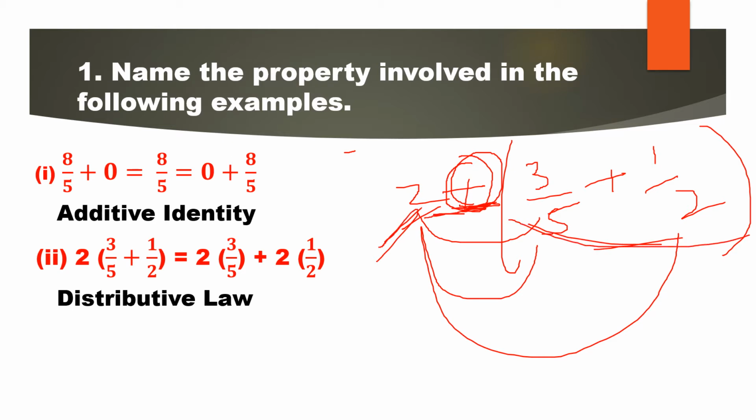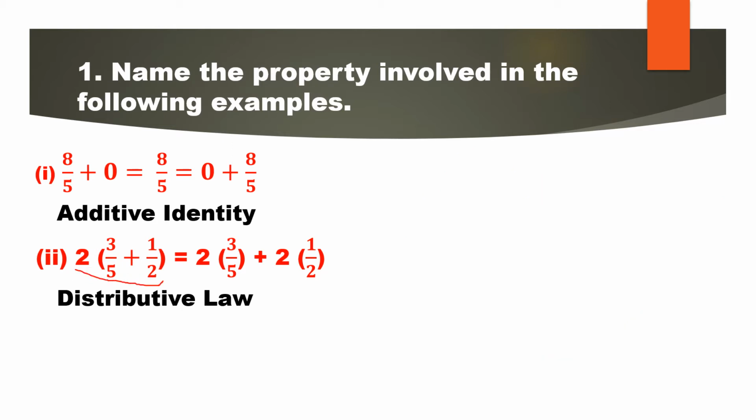Whereas here it is into, and whenever it is a multiplication we can distribute, because this is completely one term. So I can distribute this 2 to this, and in between there is a plus symbol, so I put a plus, separating the terms like this, and 2 is distributed to 1 by 2. Remember carefully, if multiplication is outside the bracket you can distribute it, whereas if plus or minus is there, you cannot distribute it. Clear? So let us go to the next question.